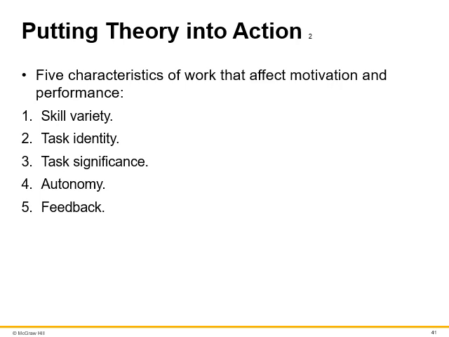Task identity, the degree to which the job requires doing a task with a physical outcome from beginning to end. 3, task significance, the degree to which the job has a substantial impact on the lives or work of others in the company. 4, autonomy, the degree of freedom or independence and discretion in scheduling work and determining procedures. And finally, feedback, which is the amount of direct and clear information given about job performance.